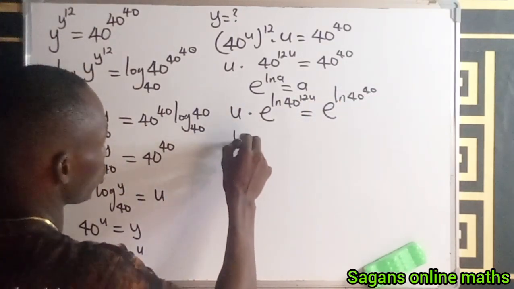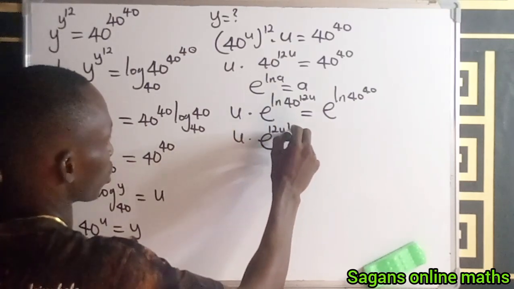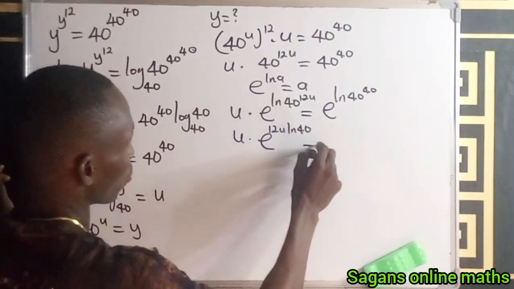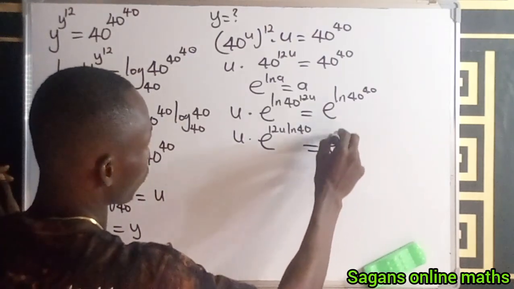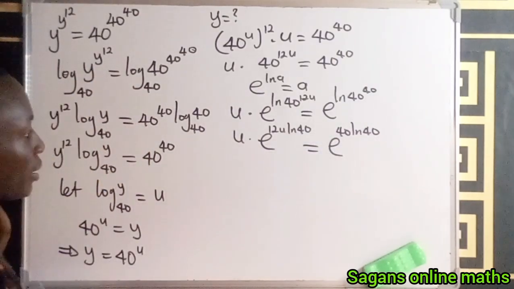Now this becomes u multiplied by e to the power of 12u ln 40, all obeying the properties of logarithm, equals e to the power of 40 ln 40. Wow, this is amazing.